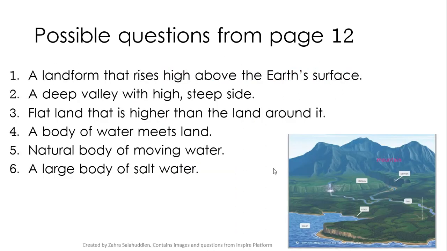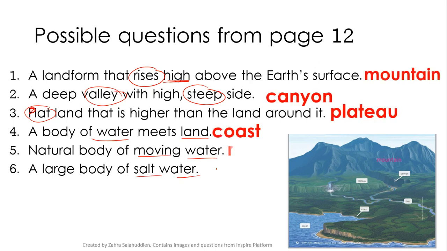You should also try to learn what they are: high above the earth, steep sides, flat plateau, remember our P, plateau, water and land is our coast, moving water is our river, and salty water, our ocean. Please make sure you review this and you are able to identify everything on this picture.